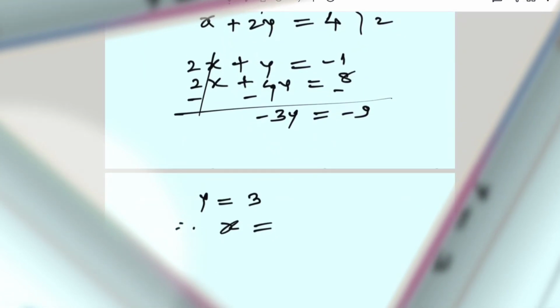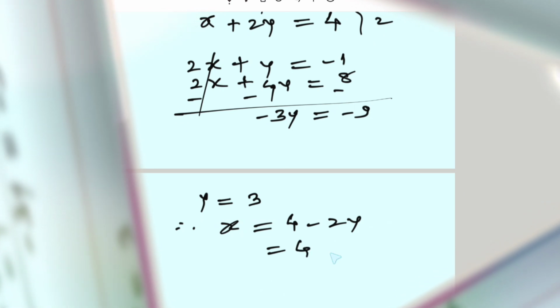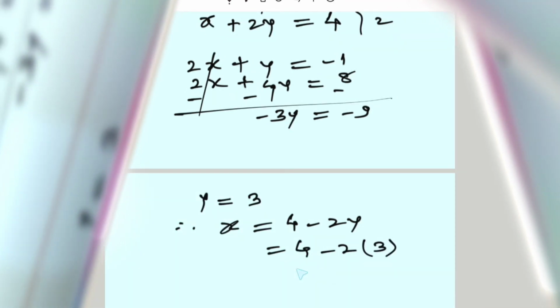Substituting that value in the second equation, we get x = 4 − 2y. It is 4 − 2 times y, y is 3. 4 − 6, we get −2.